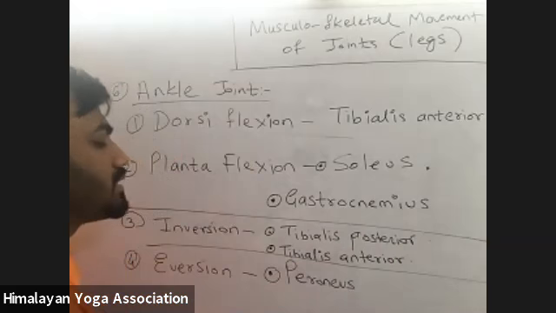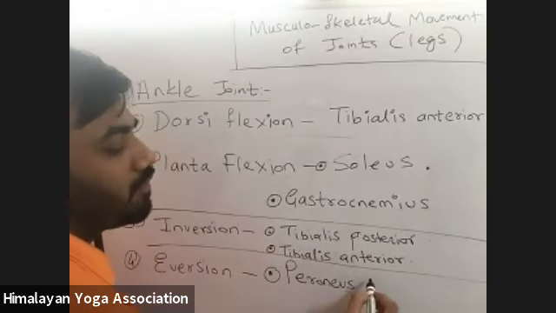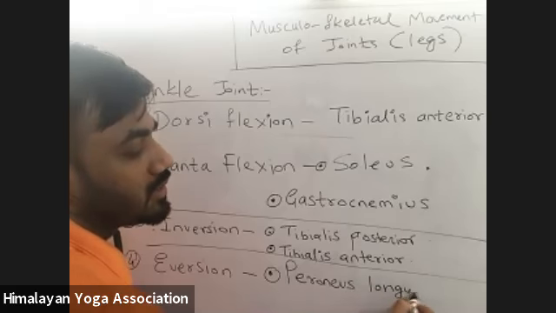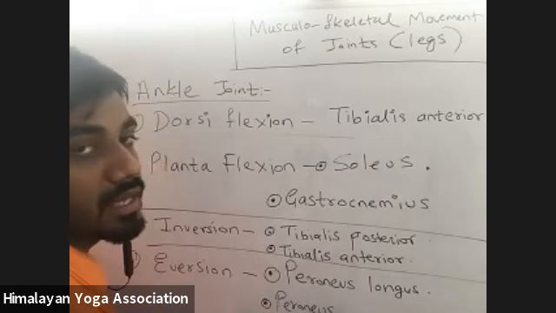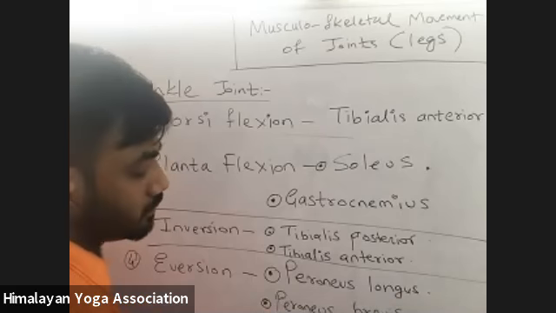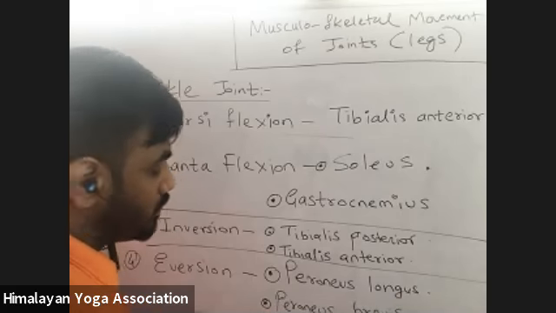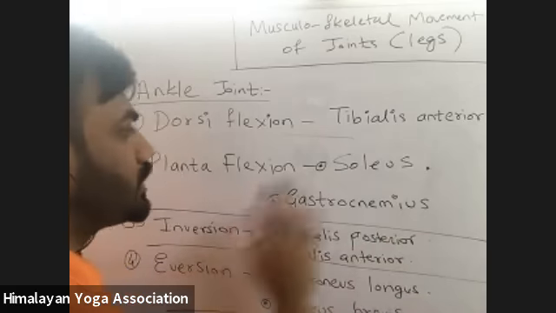Peroneus group of muscles are at the back mostly. You will find the peroneus longus, the long muscle, in the front as well. You will find some peroneus in the lower leg, the brevis muscle, the short muscle. So we have these two peroneus group of muscles which allow the eversion movement of the ankle joint.